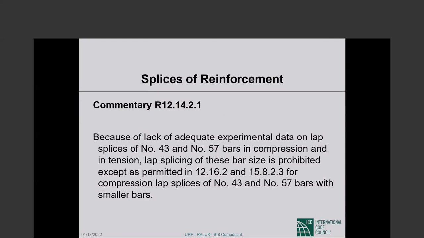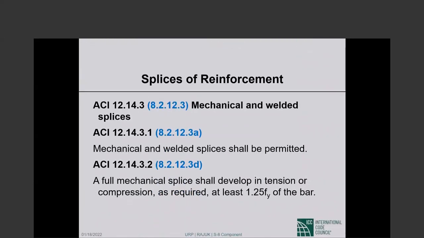So the only time any kind of lap splicing with number 43 or number 57 bars would be permitted is when those large bars are lapped with smaller bars. Okay. So that's basically what it is. Otherwise, they cannot be lapped. For one thing, the lap length will be something horrendous for those large bars.